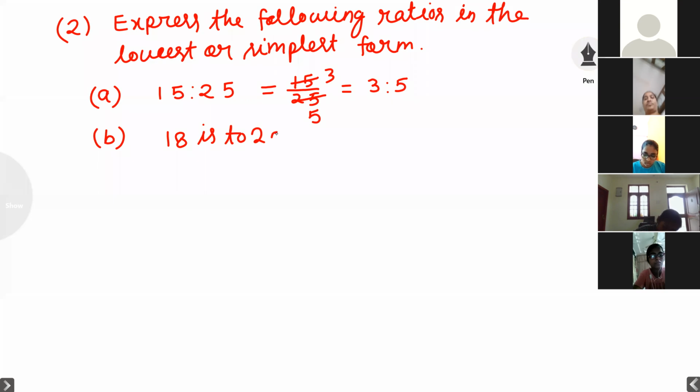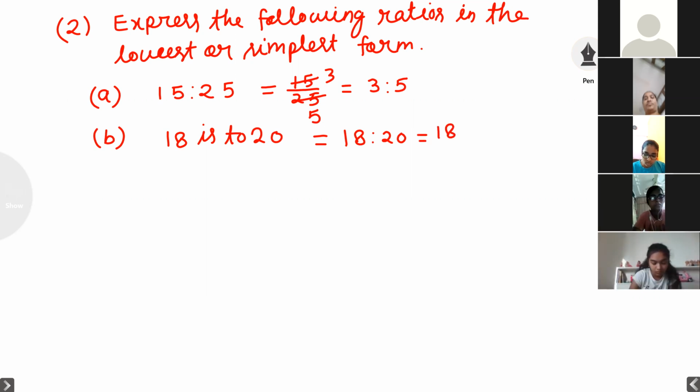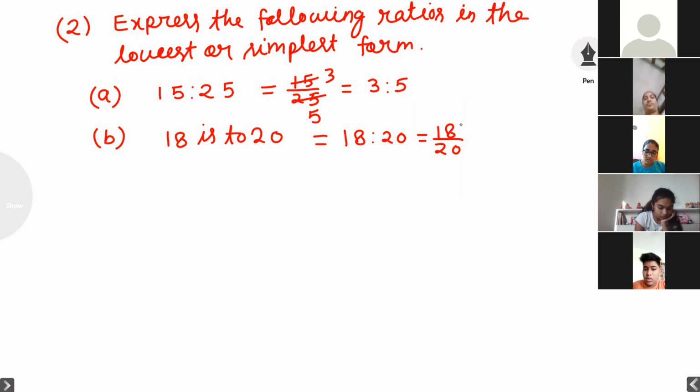What is the meaning of 18:20? 18 ratio symbol 20, that is 18/20. 2 9s are 18, 2 10s are 20. So 9:10.